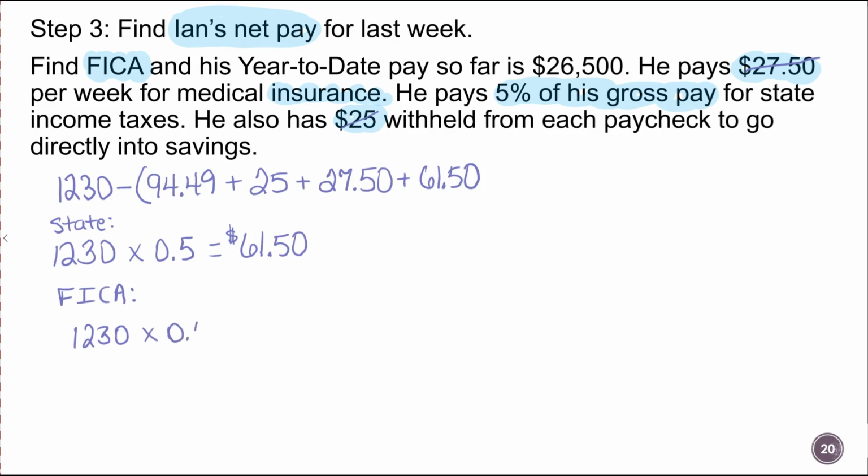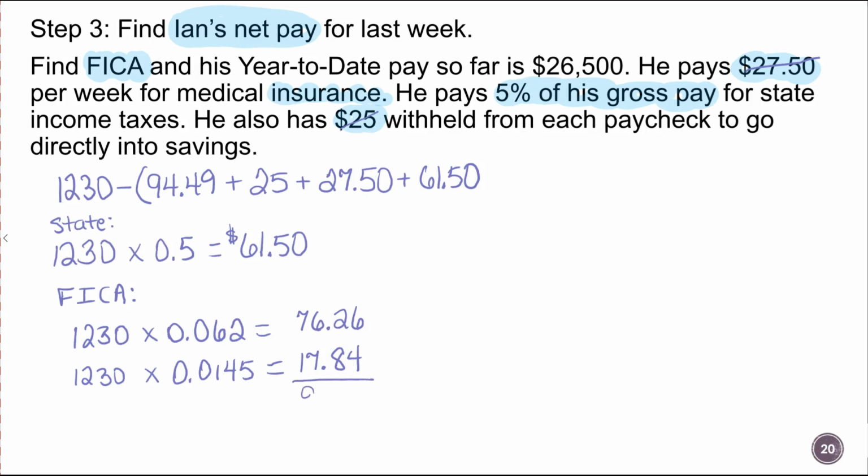We're multiplying by 6.2% for Social Security and 1.45% for Medicare. So those two are $76.26 for his Social Security, and $17.84 for Medicare. And if we add those together, it is $94.10. That was FICA.